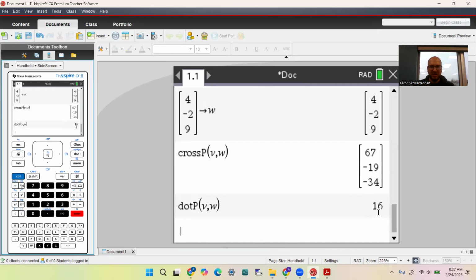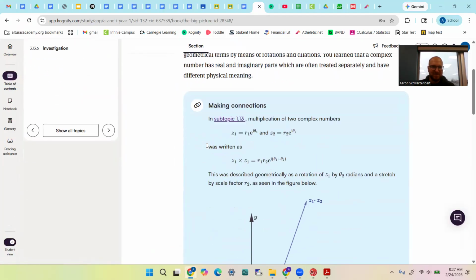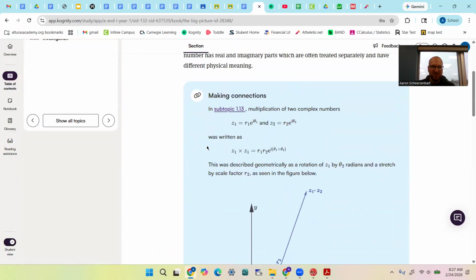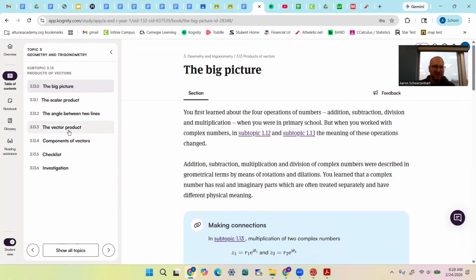It's called the vector product. The dot product gives you a scalar. Notice, the scalar product. So that is why the cross product formula is what it is.